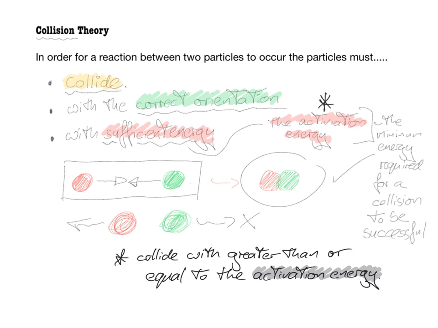If you hit with just the right amount of energy, the activation energy, and the correct orientation, your reaction will be successful. If you collide with way more than the activation energy, it will still be successful, which is why we talk about the collision occurring with greater than or equal to the activation energy.